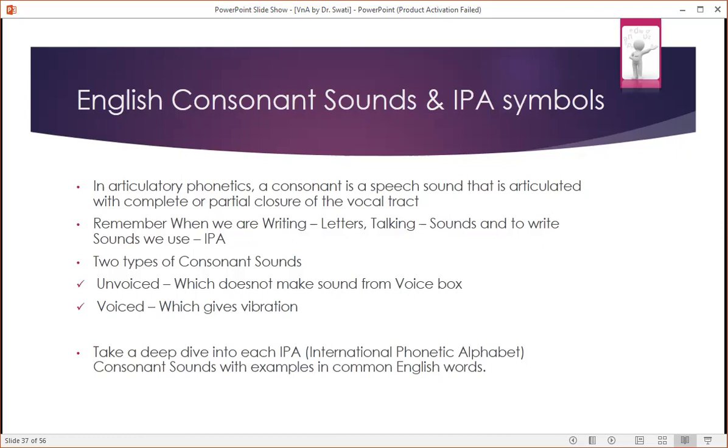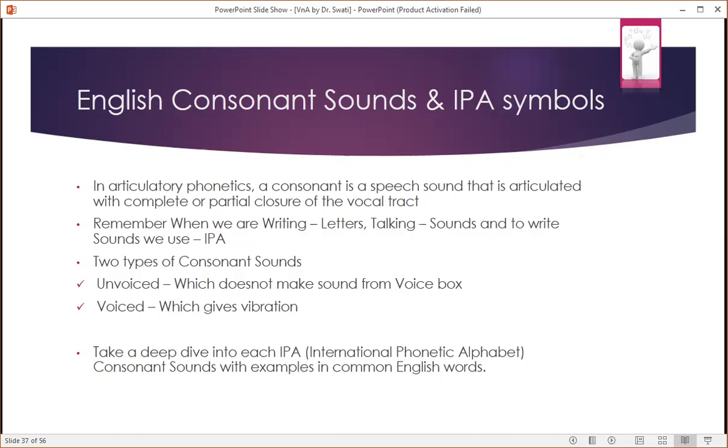When we are talking, it comes in the form of sound. And if we want to write a sound, then we have to use the rules given by the IPA, the International Phonetic Alphabet. Internationally, globally, this IPA is used for sounds of the alphabets or the letters, the words.